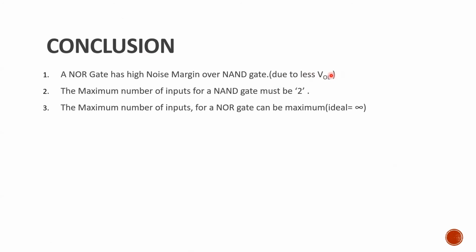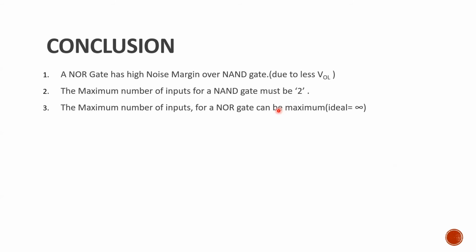Hence, what is the maximum number of inputs that you can give to the NAND gate? Means only two. If it is a gate, it must have a minimum of two inputs. That's why we are saying the minimum value 2. Whereas coming to the NOR gate, the maximum number of inputs could be infinite. If it is infinite, R by infinity, you will get 0.